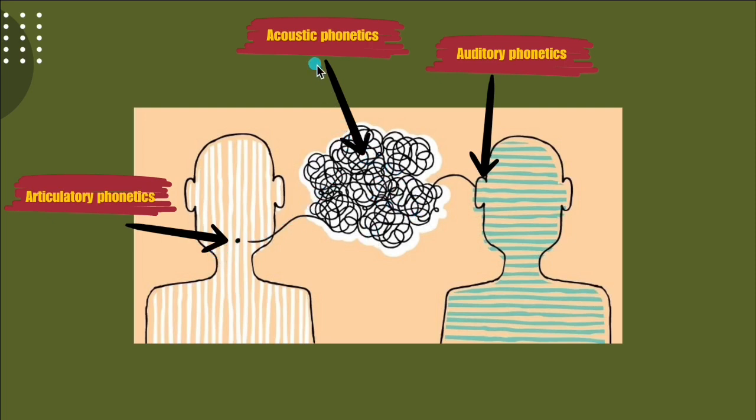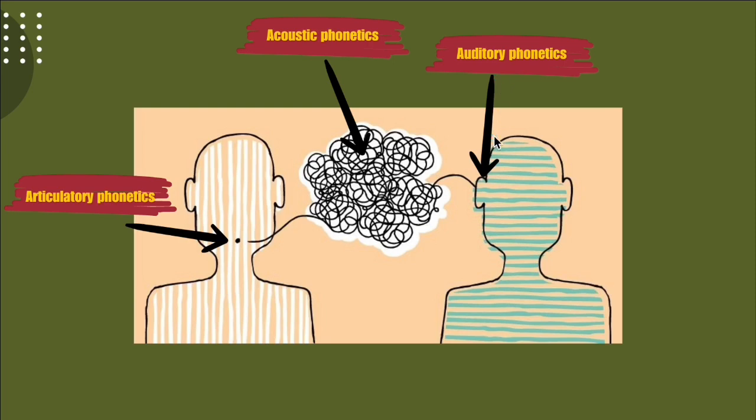Okay, now how about this branch, acoustic phonetics? The sound then travels through the air as sound waves, this messy middle part, where we analyze the physical properties of these waves, like their shape and frequency. And finally, we have auditory phonetics.